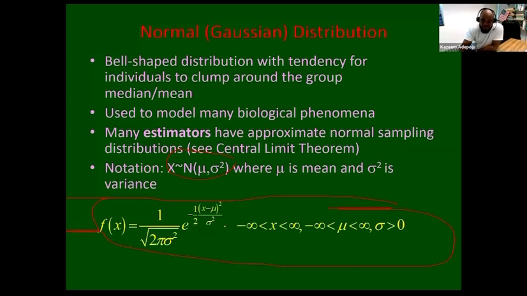So the mean is whatever you are subtracting from the random variable x, and the variance sigma squared is anything other than 2 pi inside the square root.